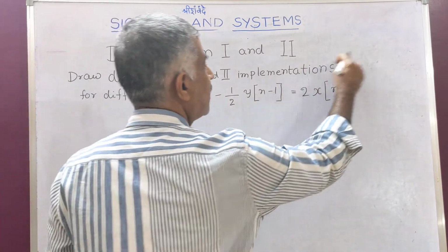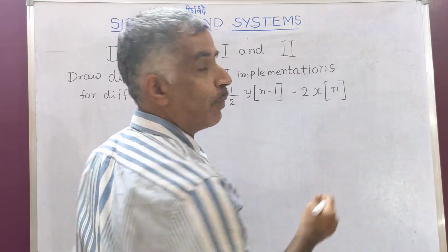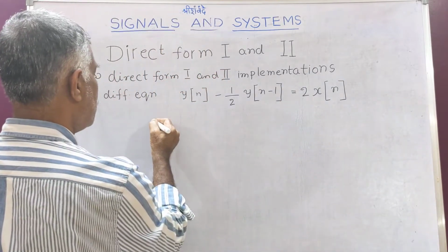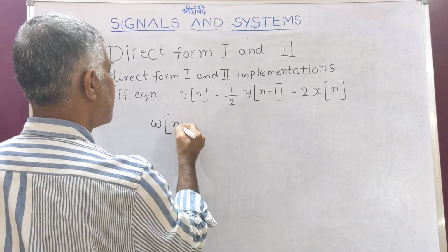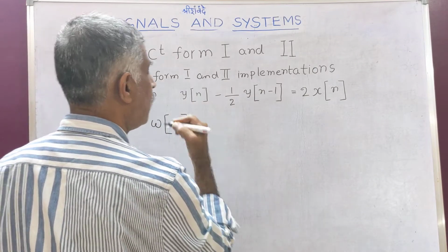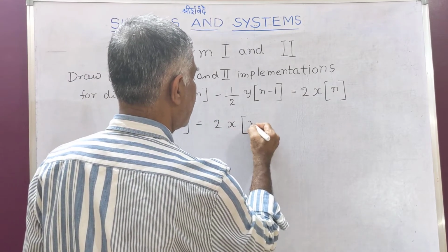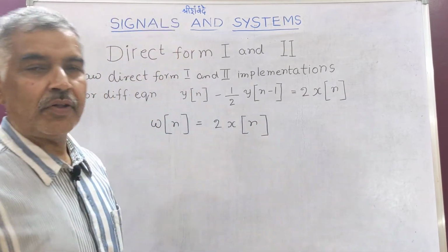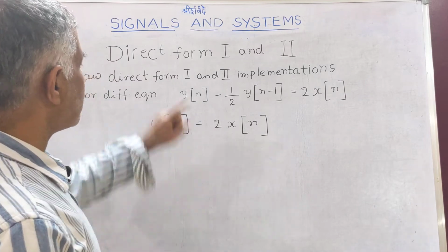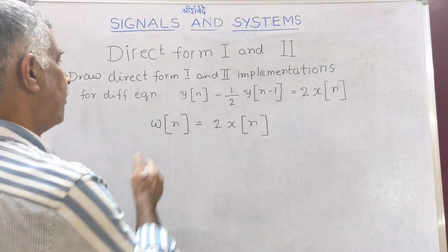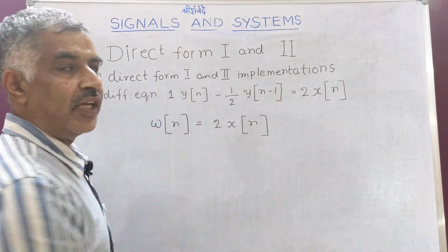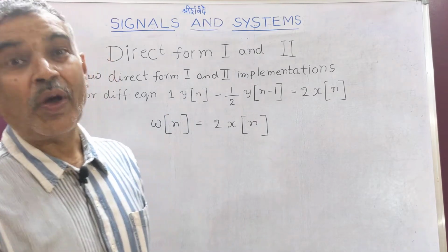We call these terms w of n. So first you call the terms on the right hand side the w of n signal, which is equal to 2x of n. One more care you have to take before starting: make sure that the coefficient of y of n is 1.